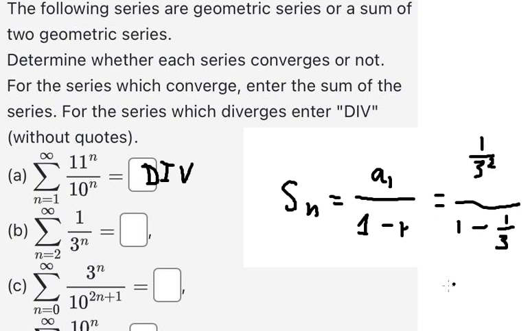This one we calculate, and we got 1 over number 6. So this is the answer.